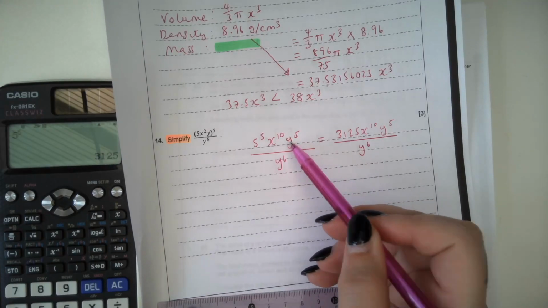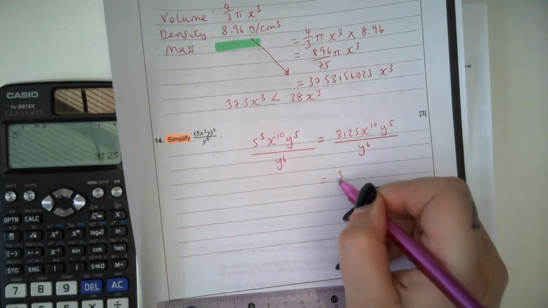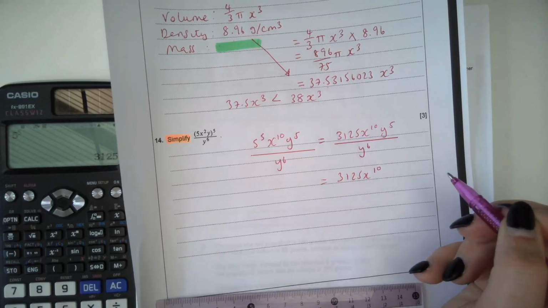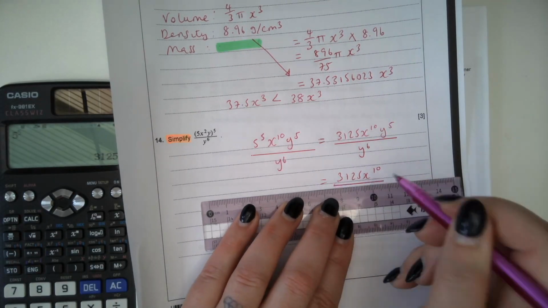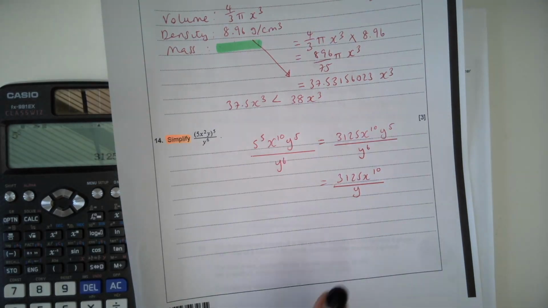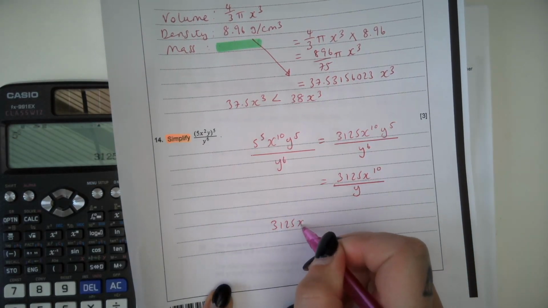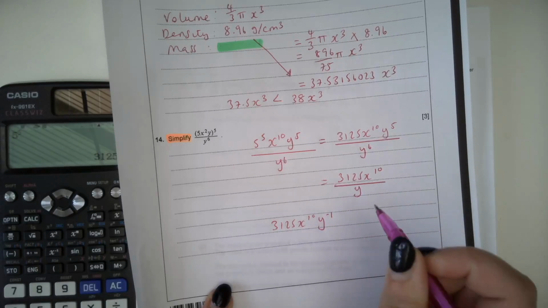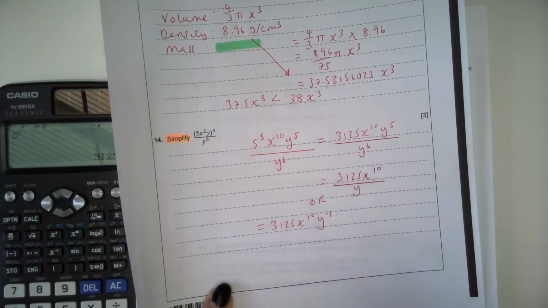So y to the power of 5 subtract 6 means we're going to have y to the power of 1 left on the bottom. You can write it like that, or you could say it was 3,125 x to the power of 10 y to the minus 1, because 5 take away 6 is minus 1. Either of those is going to get you that answer mark.